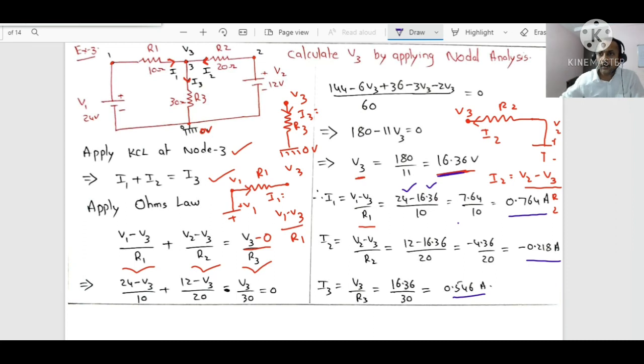So this is what it is all about, the nodal analysis, dear students, which is a very important topic in the entire DC circuits unit, and this is the topic where most of the students will face difficulty. If you don't understand, please watch the basics once again, and if any doubts are there regarding this topic, you can simply comment your doubts below this video, and I will look into those comments and solve your doubts.